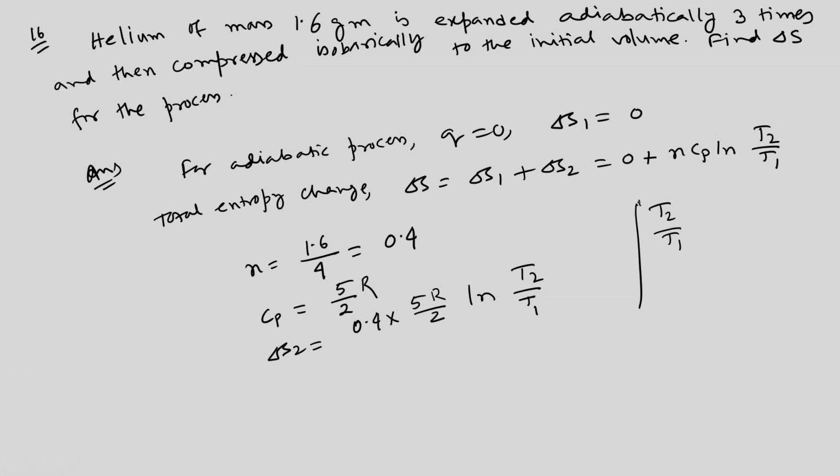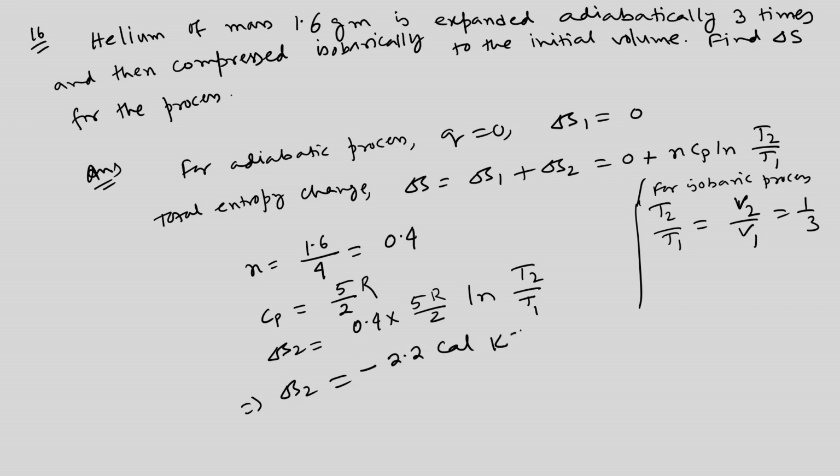So, for isobaric process, pressure is constant, so T2 by T1 is V2 by V1, okay, and this gives you 1 by 3. So, delta S2 is giving us minus 2.2 calorie per Kelvin.